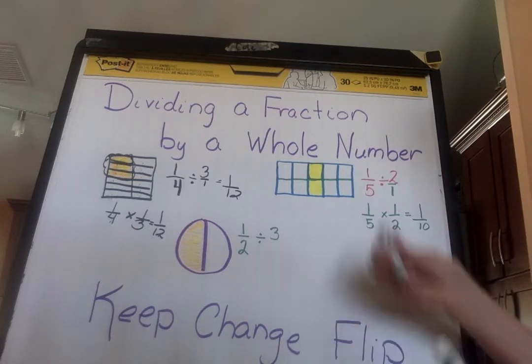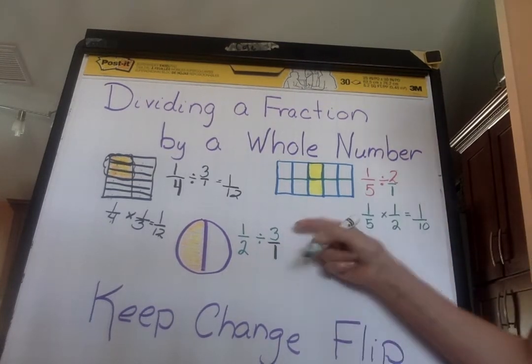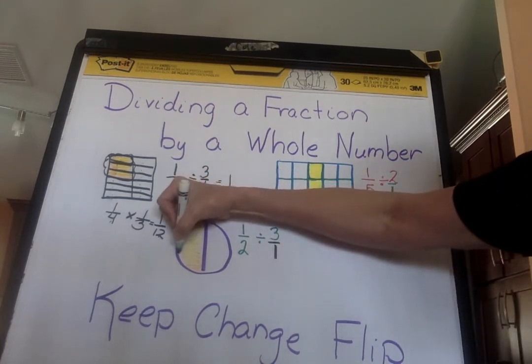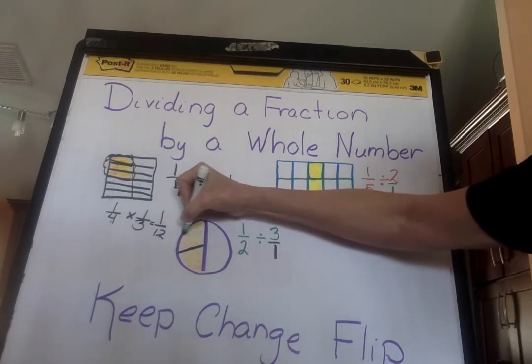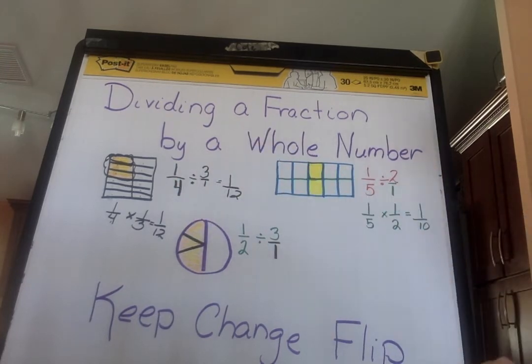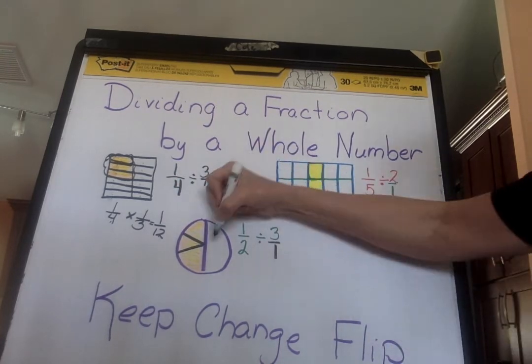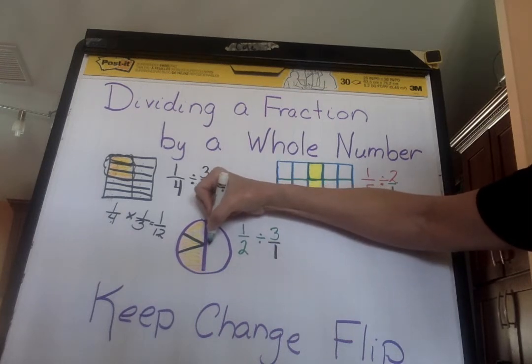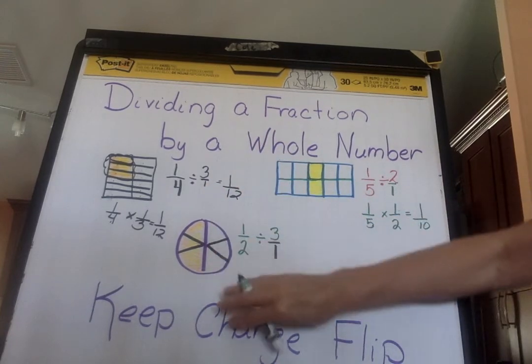So that's 3 people. I know right away I'm going to change that to 3 whole. I'm going to cut this into 3 equal pieces the best that I can, because somebody will be upset if the pieces weren't equal. Now, I'm going to do the same thing on this side. Just cut it into 3 pieces, even though it's gone.